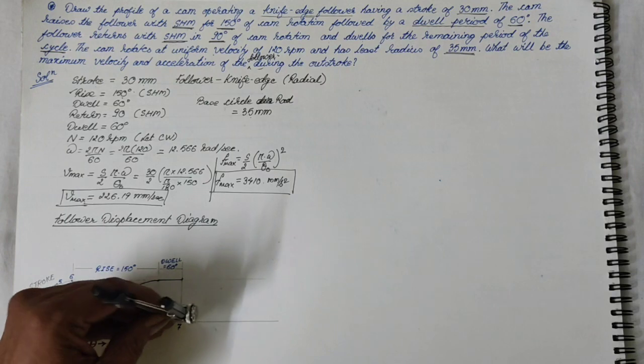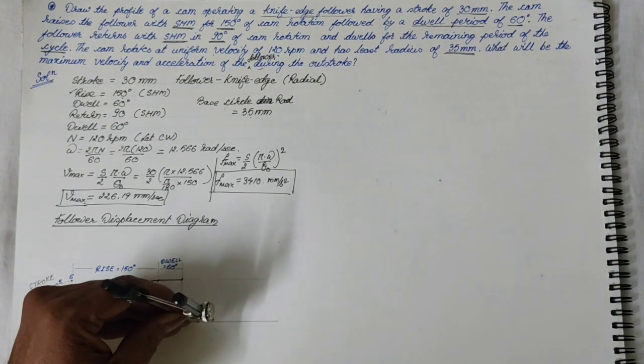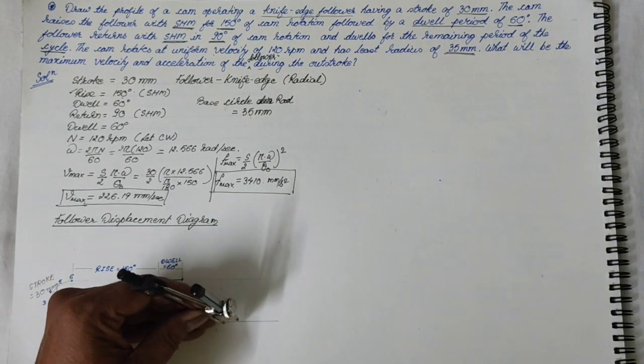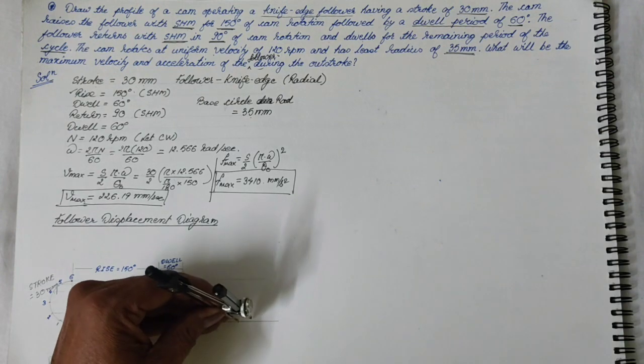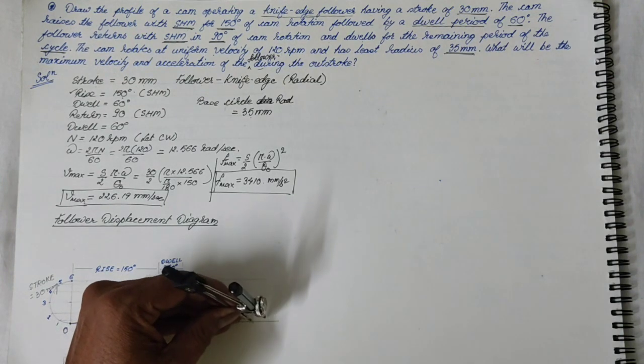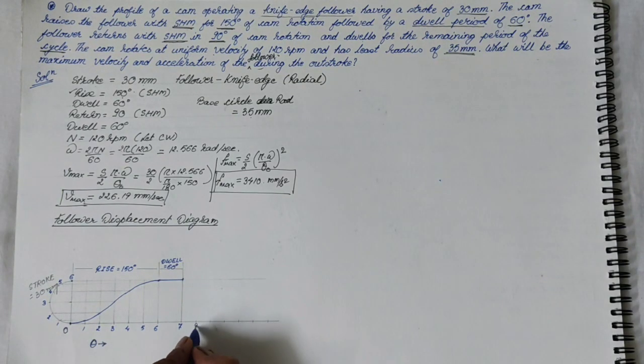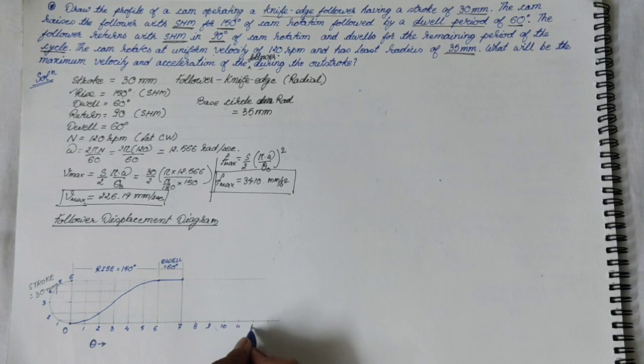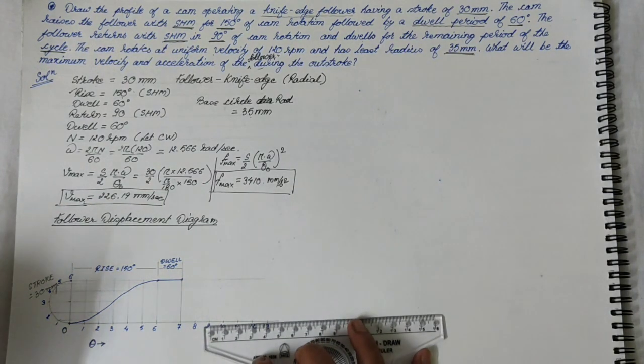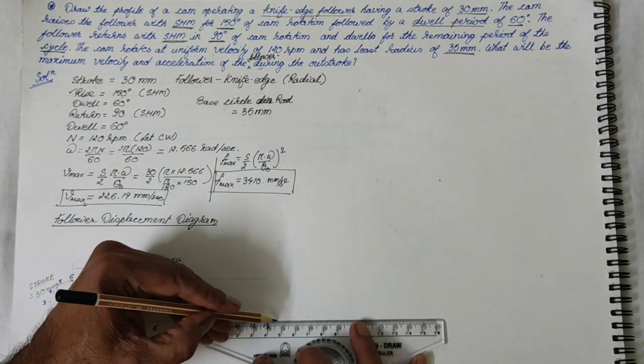So 2, 3, 4, 5 and 6. That means after 7 it is 8, 9, 10, 11, 12, 13, and the remaining is dwell.